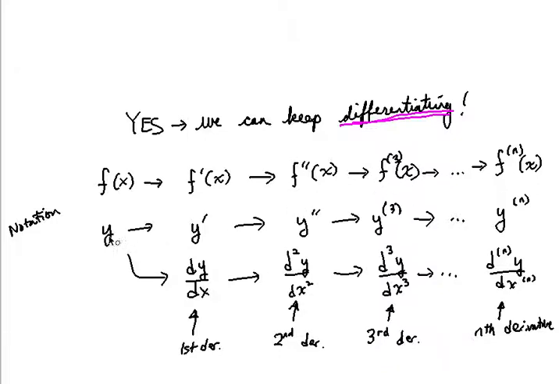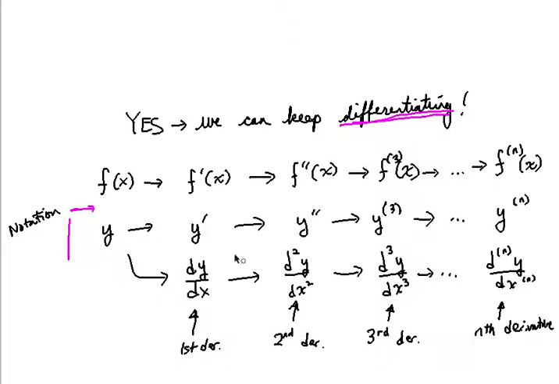If I take the derivative of y, it will be y prime. Same thing, it's just a different type of notation. Y prime, y double prime, y triple prime, or some people say y super n, the nth derivative. So y super 4, y super 5.